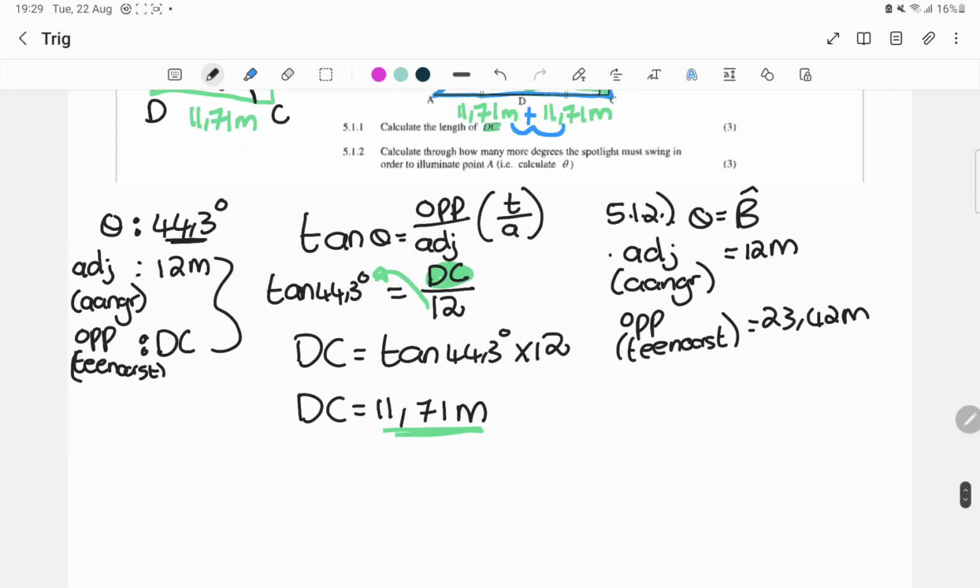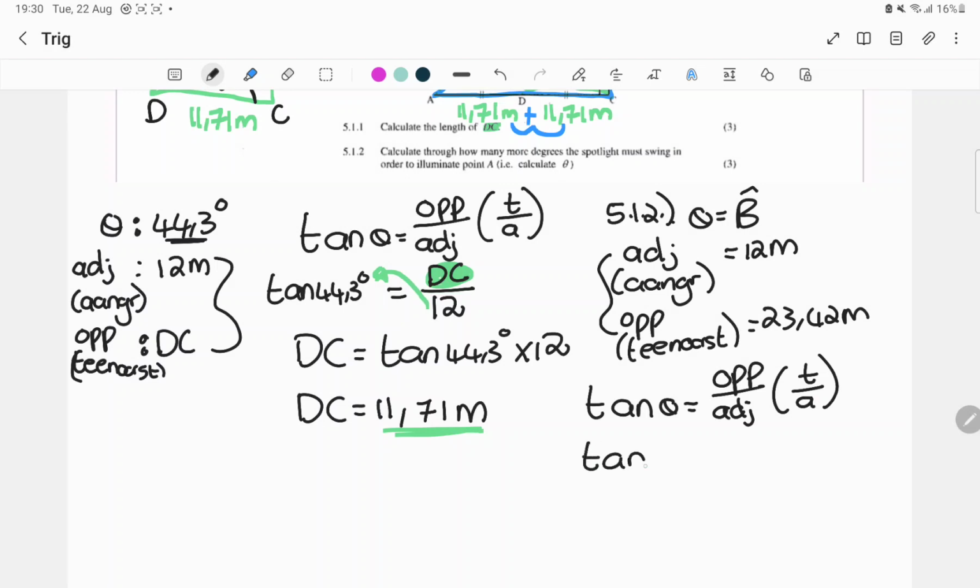Now I'm asking myself a question again: which function is adjacent and opposite? I know that is tan. So tan theta will be equal to my opposite over my adjacent. So it's going to be tan theta, or in this case tan B, equal to my opposite of 23,42 over my adjacent of 12.